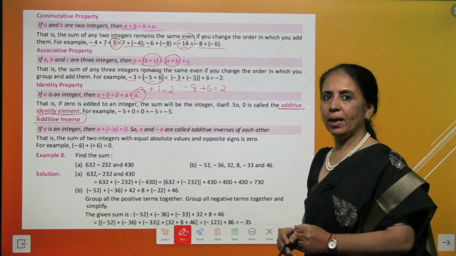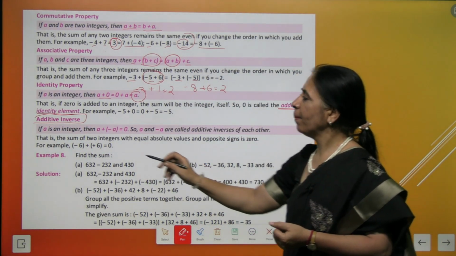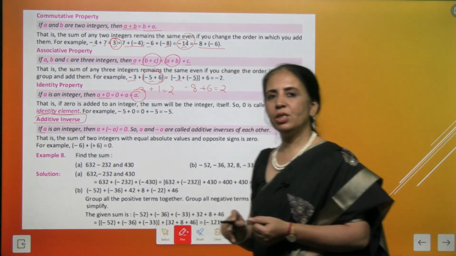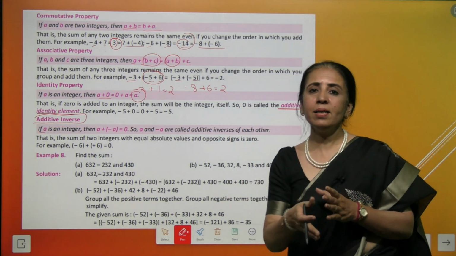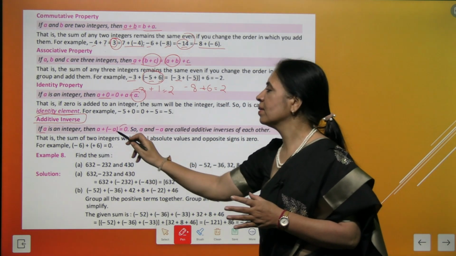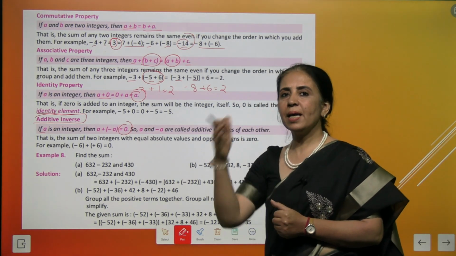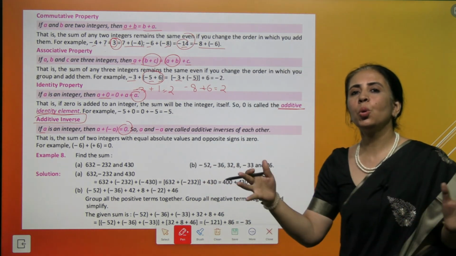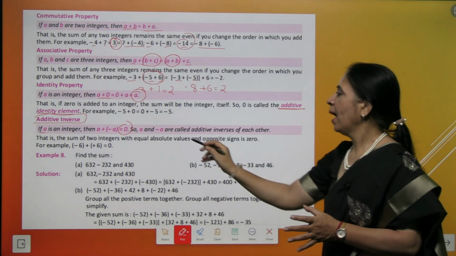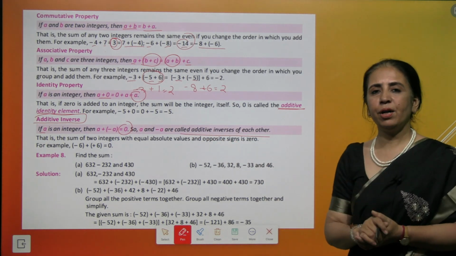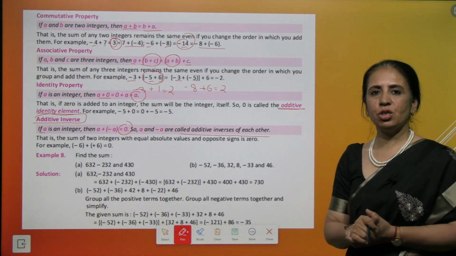And coming to additive inverse. Additive inverse क्या होता है कि suppose हमारे पास एक नंबर है a which is an integer, a में हमने -a को ऐड किया तो हमें रिजल्ट मिल गया 0. That means a और -a दोनों एक दूसरे के रिवर्स हैं and we call them additive inverse of each other.